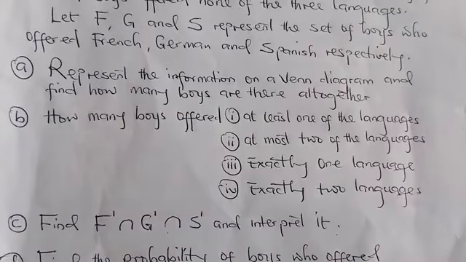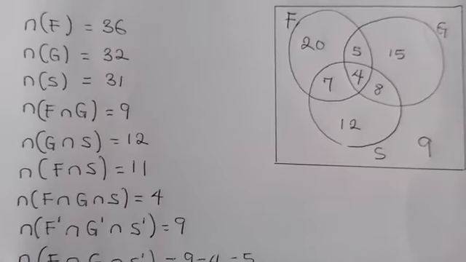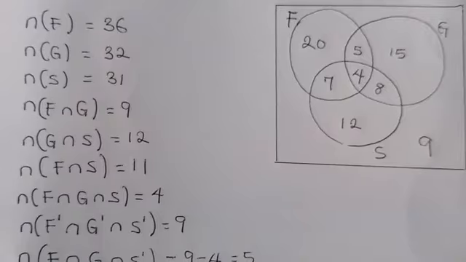The second part of the question says, how many boys offered at least one of the languages? At least one of the languages. If asked to find how many boys offered at least one of the languages, what we are asked to get here is the number of those that offered one language plus the number of boys that offered 2 languages plus the number of those that offered 3 languages.